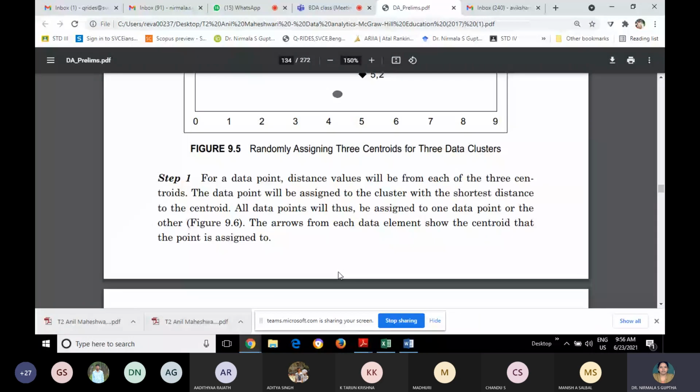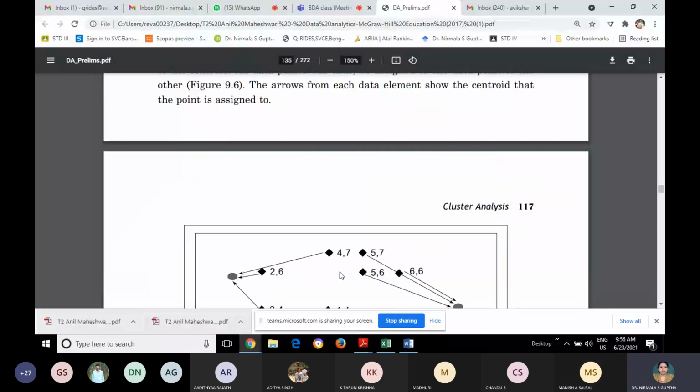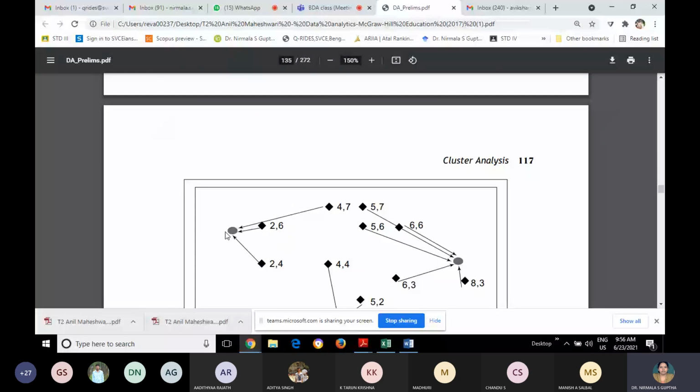Okay, so in that sense, see the arrow marks pointing to each and every centroid based upon the logic of recalculating the distances and how close it is to the cluster. So that arrow will point to the cluster centroid.